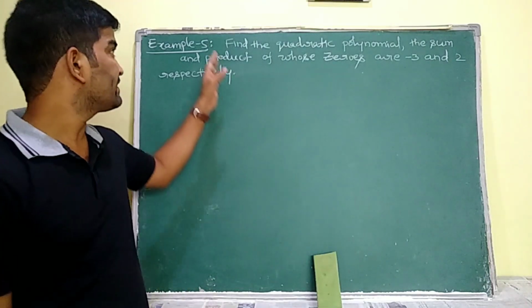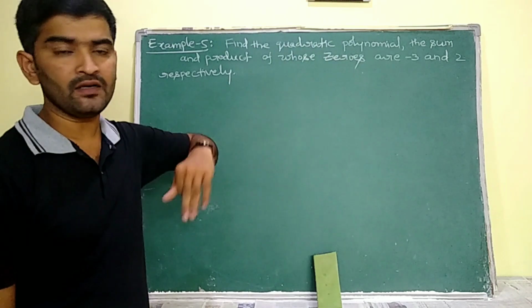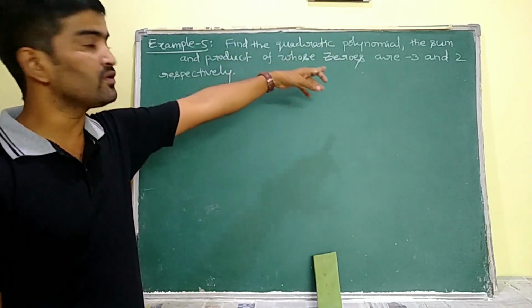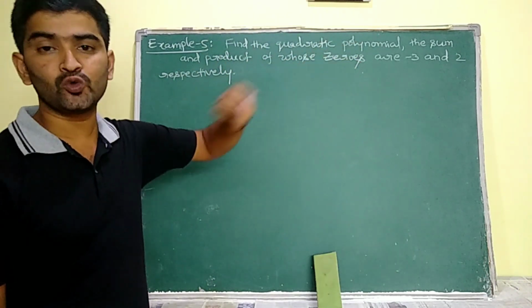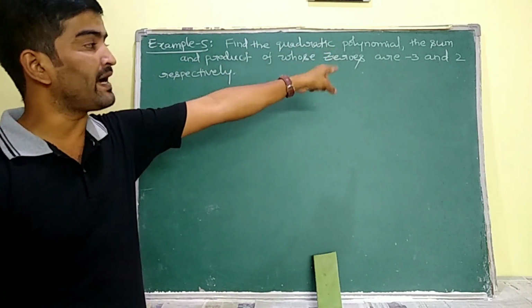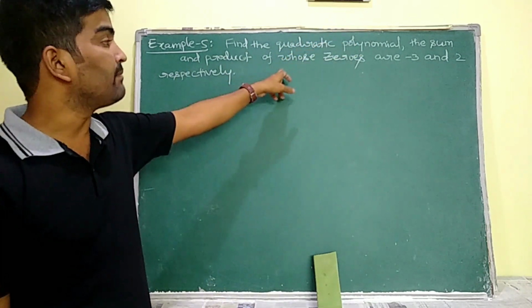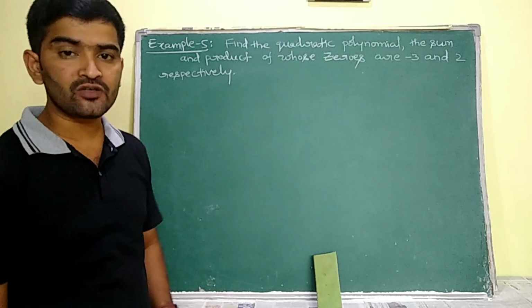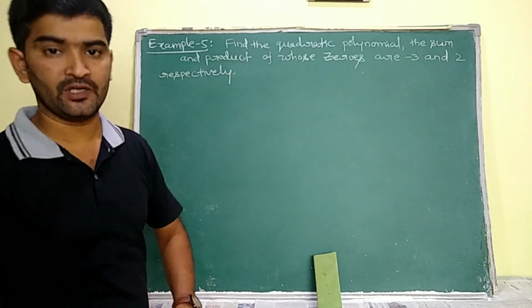See, here it is asking us to find the quadratic polynomial whose sum and product of zeros are minus 3 and 2. That means the given values minus 3 and 2 are the sum of zeros and product of the zeros of the required quadratic polynomial.